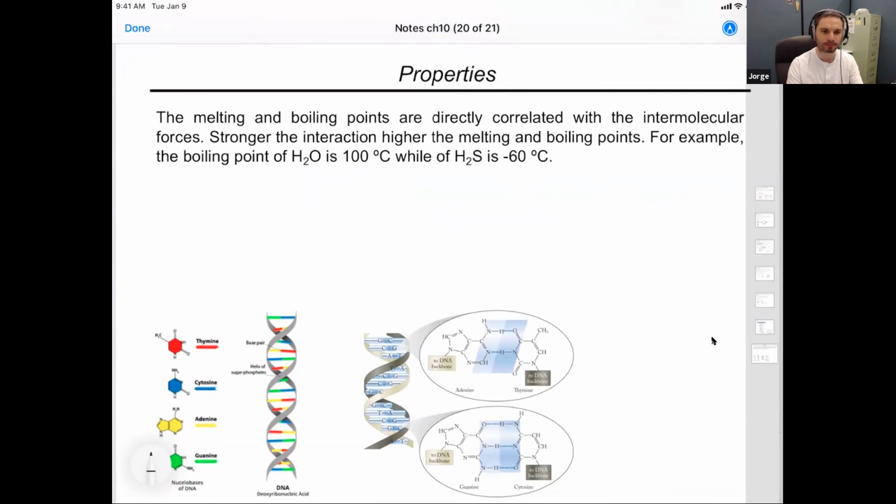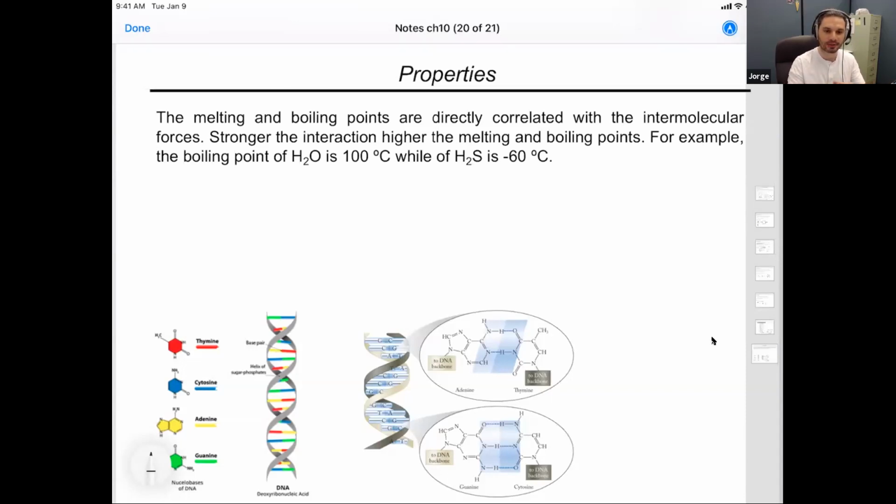For example, the boiling point of water is 100 degrees, while the boiling point of H2S is minus 60 degrees at sea level. Why such a difference? We have basically the same formula, same molecular geometry, same group. Why such a huge difference?